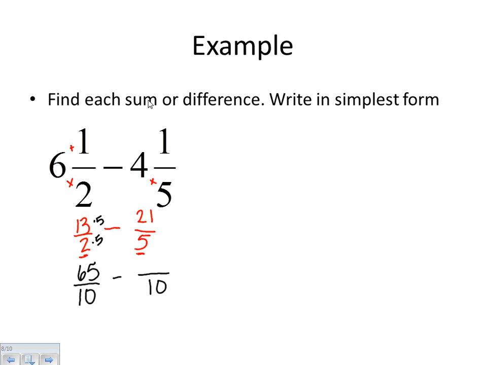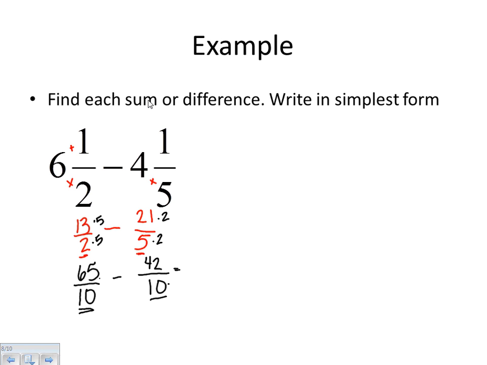So we have 5. To get from 5 to 10, we have to multiply by 2. And we multiply by 2 on the top. And here we get 42 over 10. So now I have common denominators of 10. 65 minus 42. Okay.